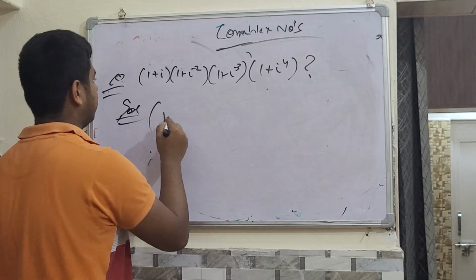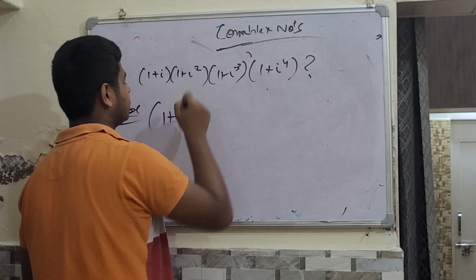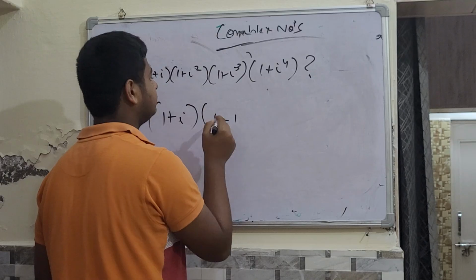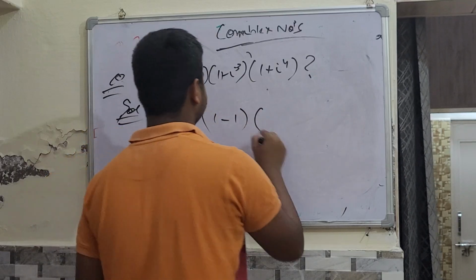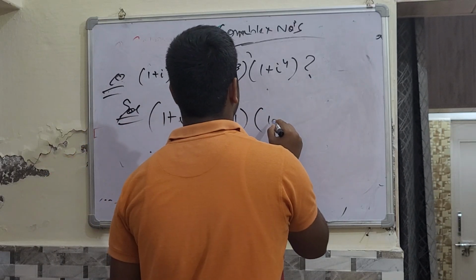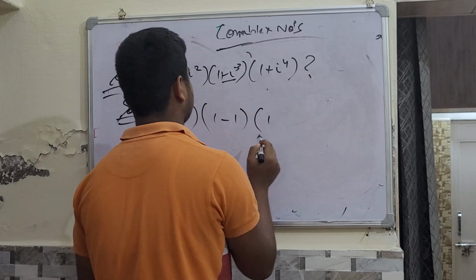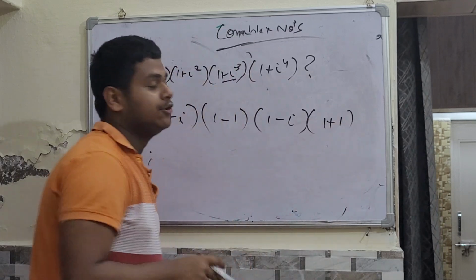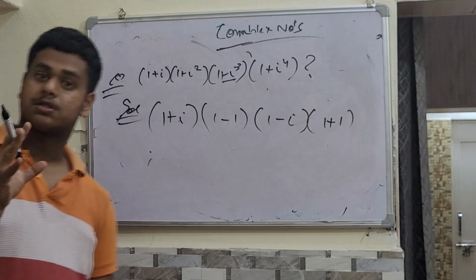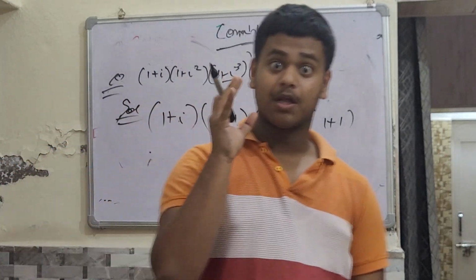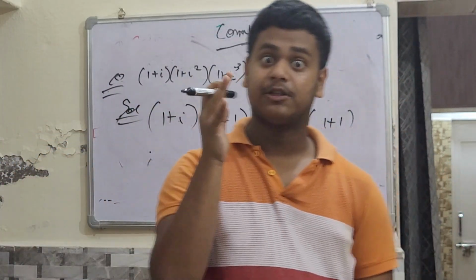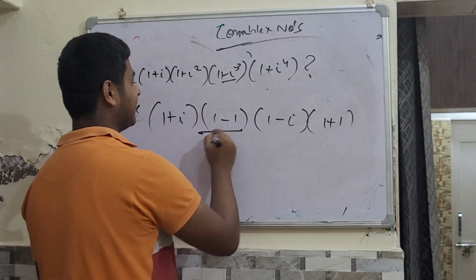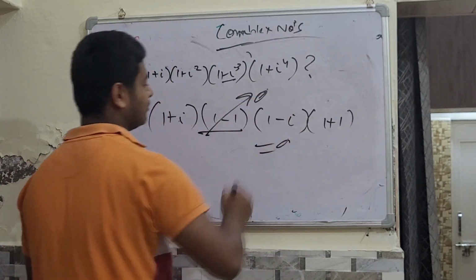1 plus i, you have to see it right there. It's not minus 2, it's 1 minus i. Yes, 1 minus i, then 1 minus 1 minus i, then 1 plus i. You can see it's 1 minus 1, so it's 0, and the answer will be 0.